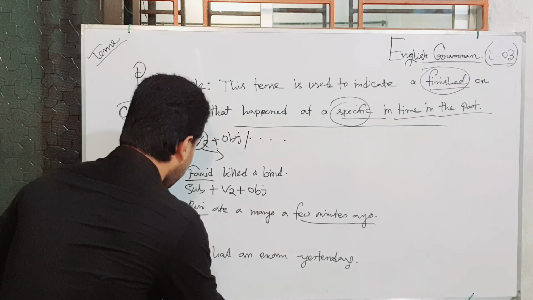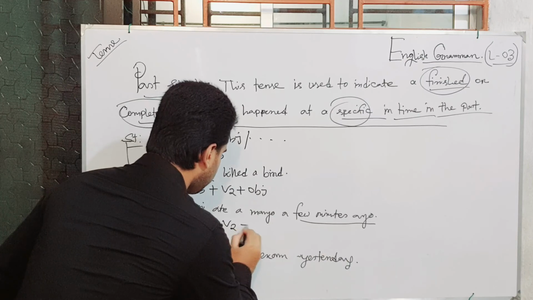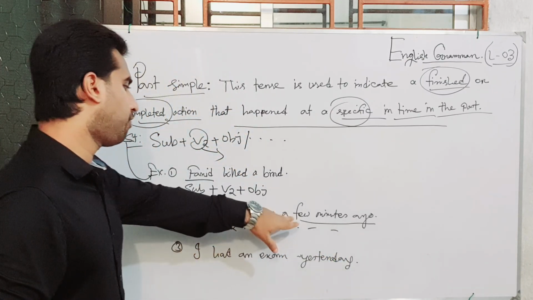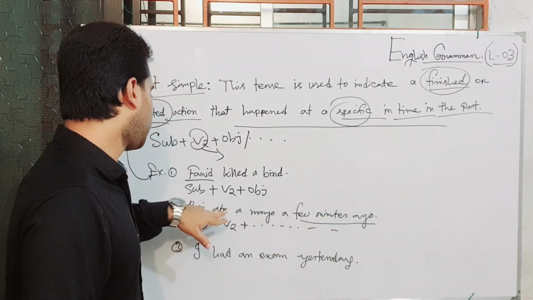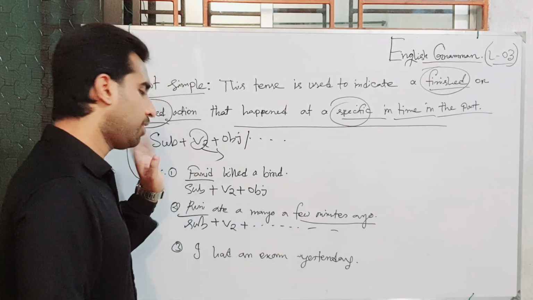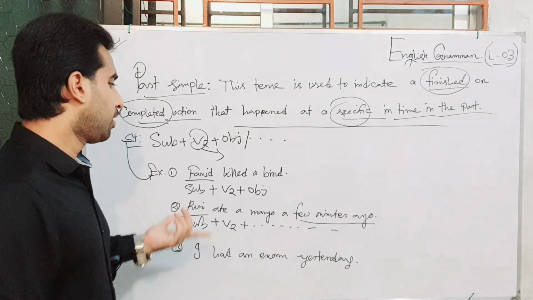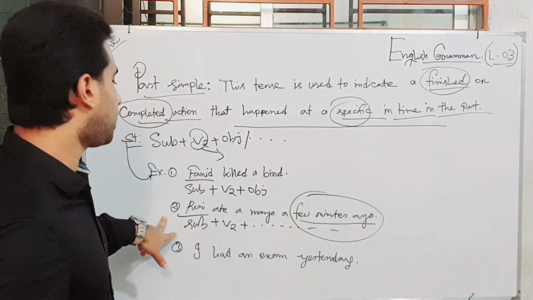Rooney is the subject plus V2 plus object. A few minutes ago indicates something already done in the last hour or last day or last week. That means this tense is a past tense.